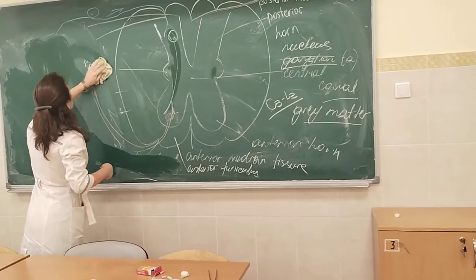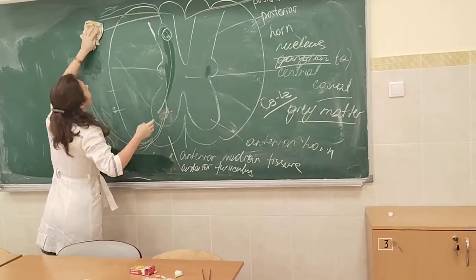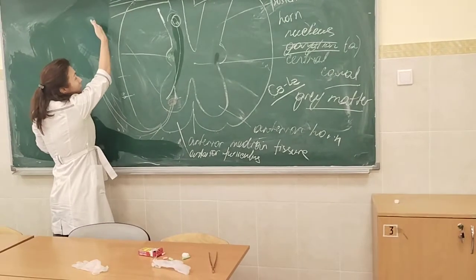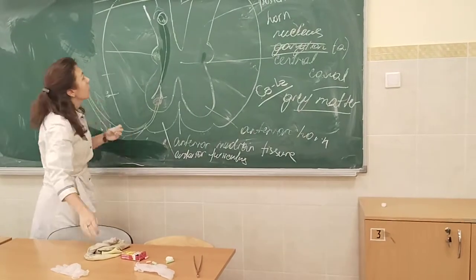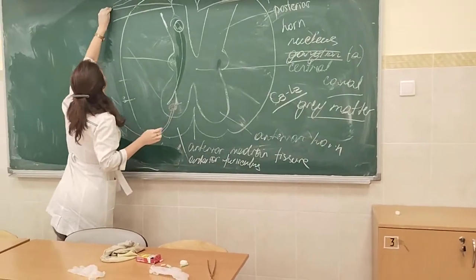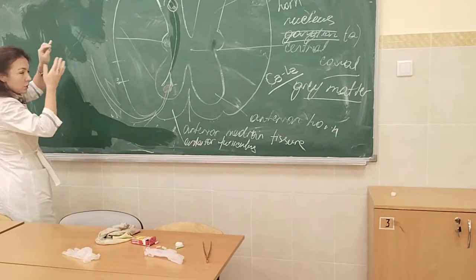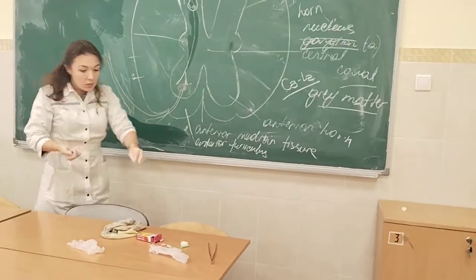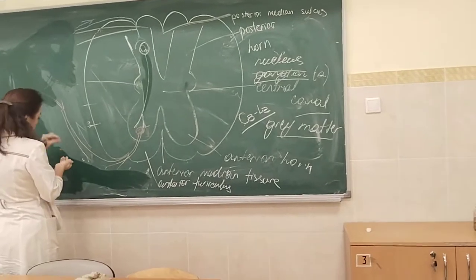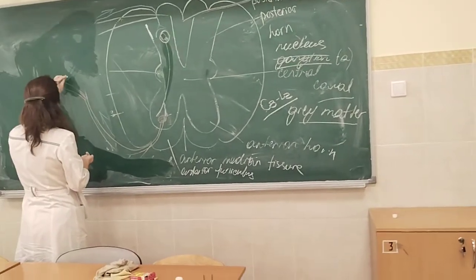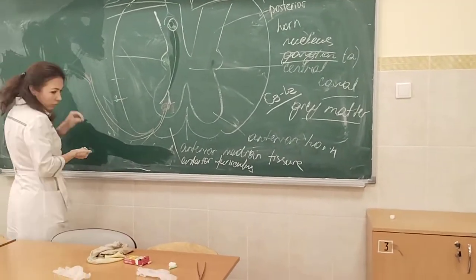Okay, now which conclusion can be made? That these sensory fibers, which go out through the posterolateral sulcus, form the dorsal root of the spinal nerve. These fibers, motor and autonomic, form the ventral root of the spinal nerve.